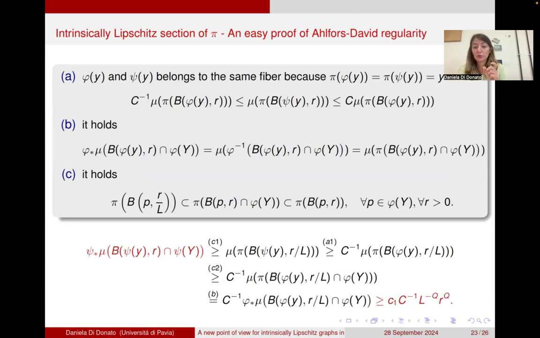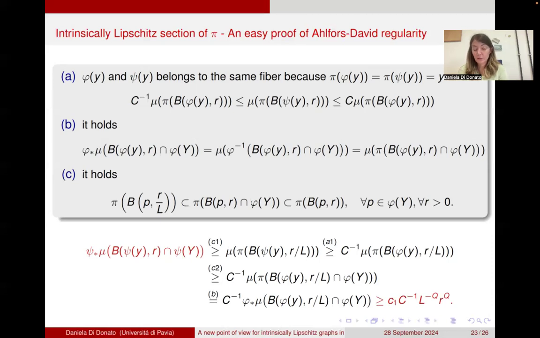It is possible to compare the measure of pi of the same ball centered at phi(y) and psi(y). The property B is just the definition of push forward. And C is an easy property of inclusion.